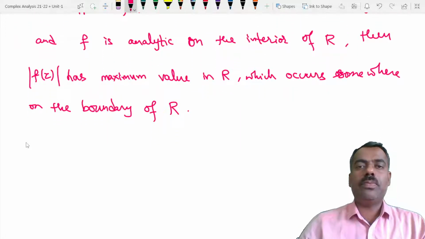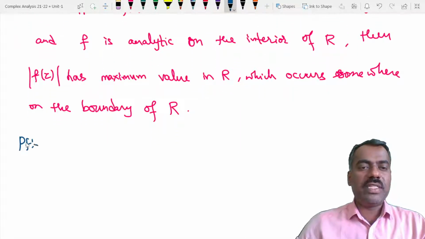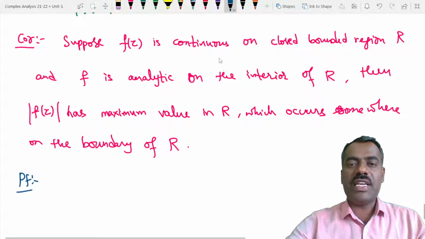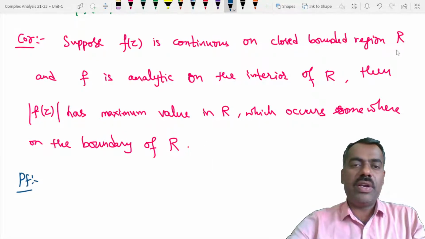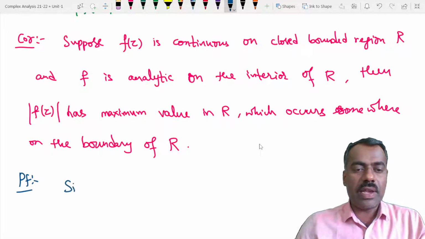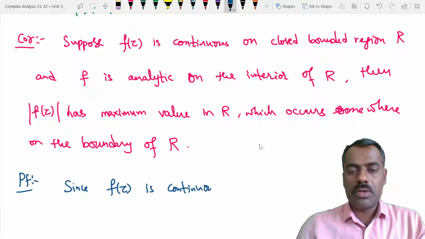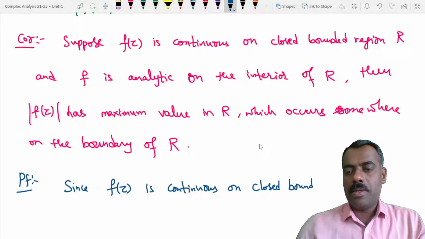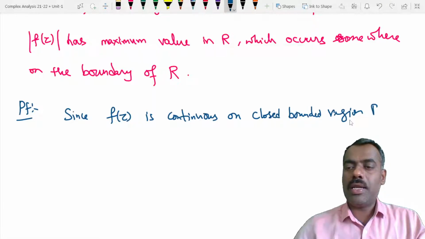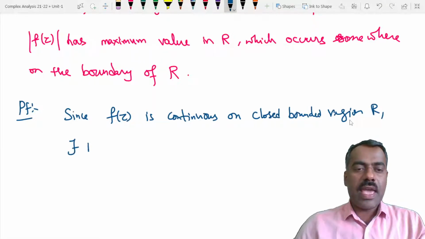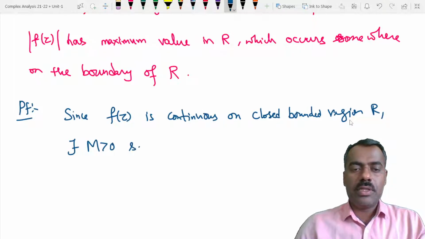So what is the proof? The proof is not a difficult one. We know f of z is continuous on a closed and bounded region, so it attains its maximum value. Since f of z is continuous on closed bounded region R, there exists m greater than 0 such that mod f of z is less than or equal to m.